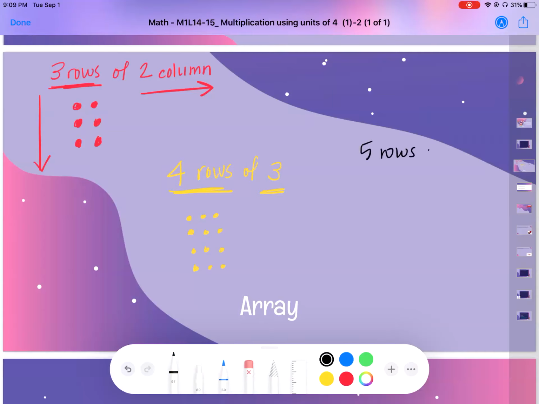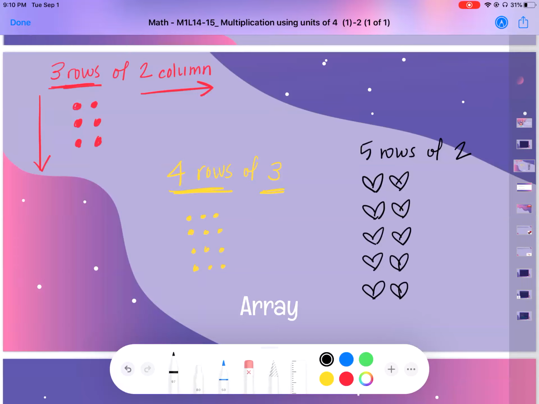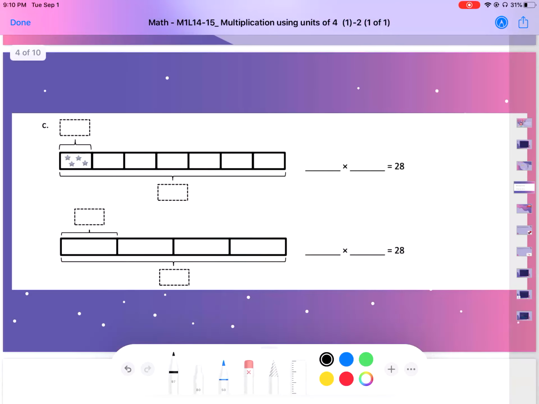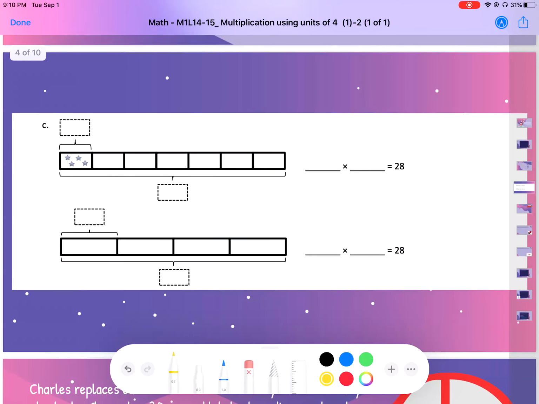If the question is asking you to draw a heart, then you just need to draw a heart. Always, I begin with the rows. So I draw 5 rows downward and put another one next to each to make it 2. So that's it. Let's move on and talk about what a tape diagram is.